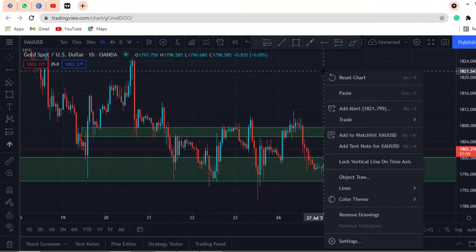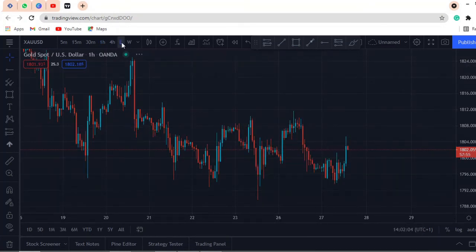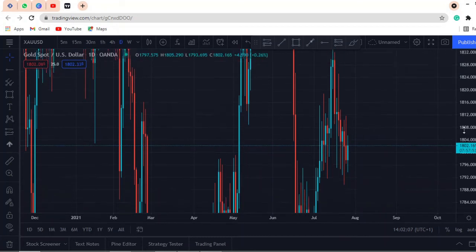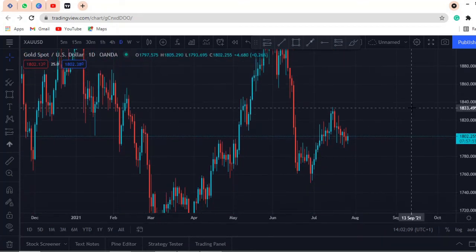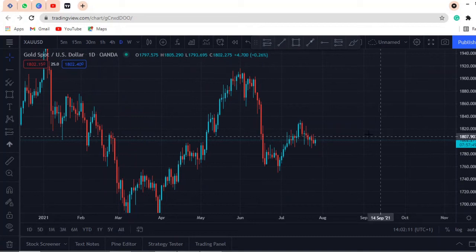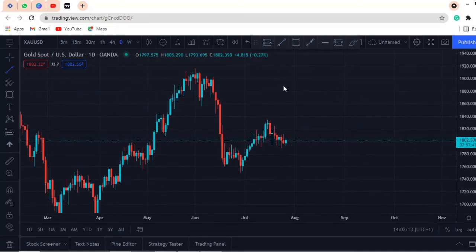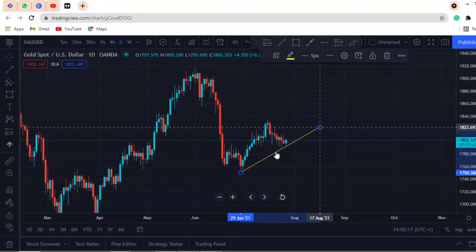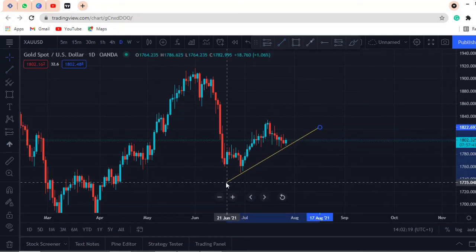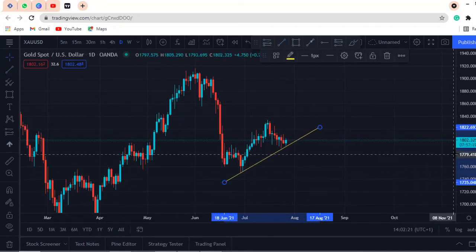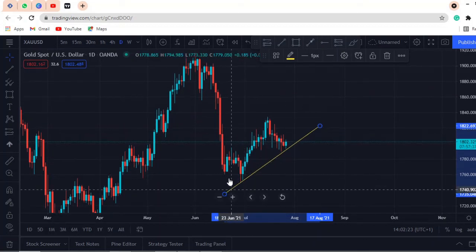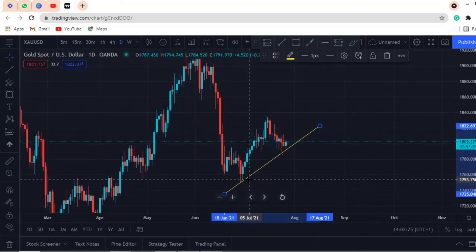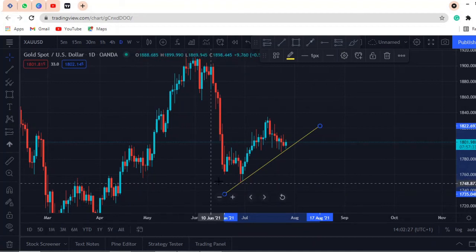So basically, let me remove that drawing. What I do with gold is, if I go back to the 1 hour time frame and draw my trend line, I realize that gold really obeys. I draw my trend lines based on the week, because gold will come all the way to test the week.